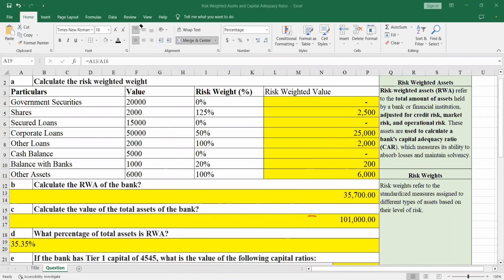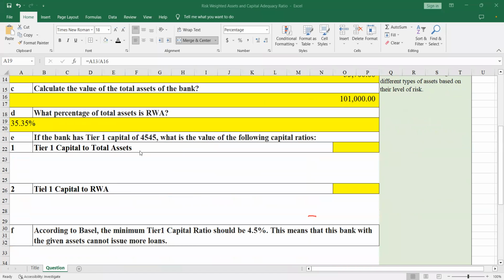So after this, the next thing is: if a bank has tier 1 capital of 4,545, what is the value of the following capital ratios? Tier 1 capital ratio, capital to total assets. To calculate this ratio, we have to divide the tier 1 capital by the total assets of the company. So our formula will become tier 1 capital to total assets.